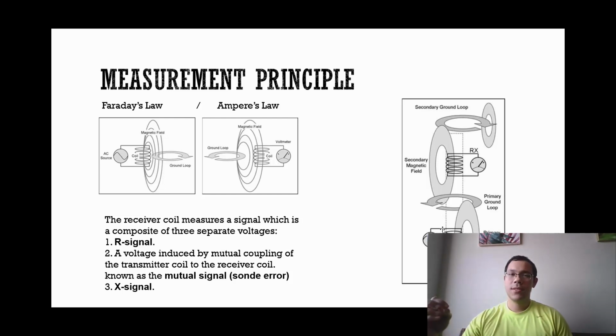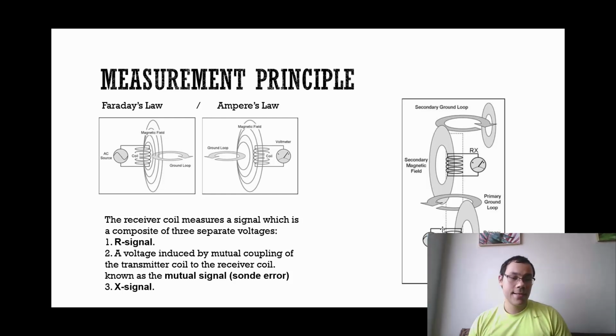And you don't want that direct effect. You just want at your receiver the information that is coming from the formation, not from the transmitter. So we should find a way to filter or delete that effect that the transmitter is creating.